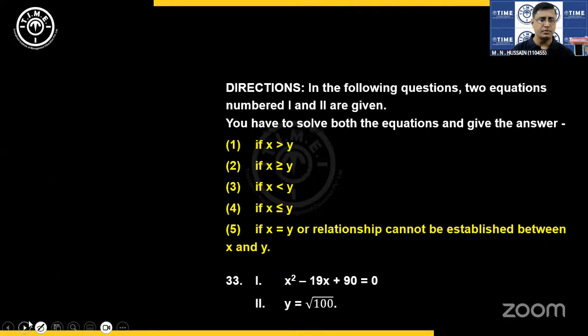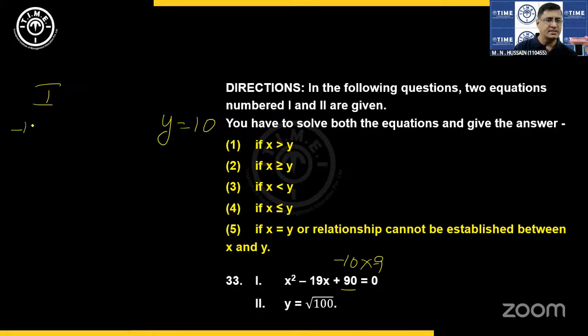Now, next example. X square minus 19x plus 90 is equal to 0, y square is equal to 100. Square root of 100 means the value of y is equal to 10. Here, 90 means 10 into 9. Minus 10, minus 9 are the factors. What about the roots? Positive 10, positive 9.